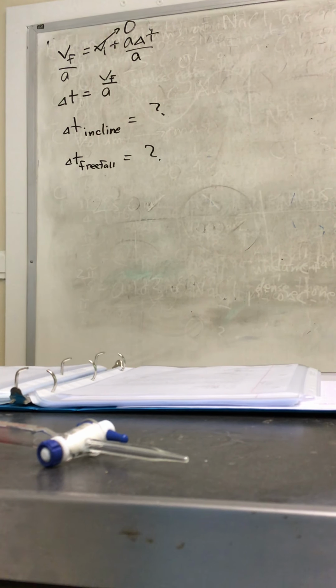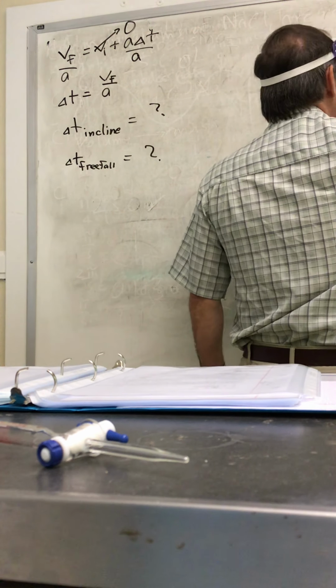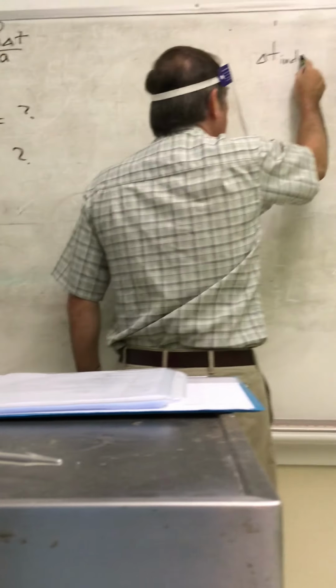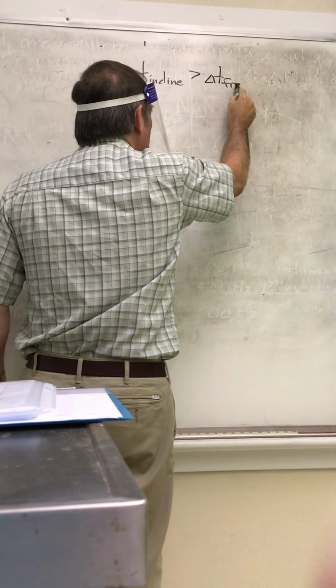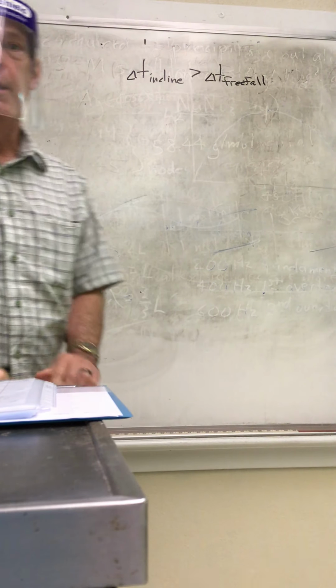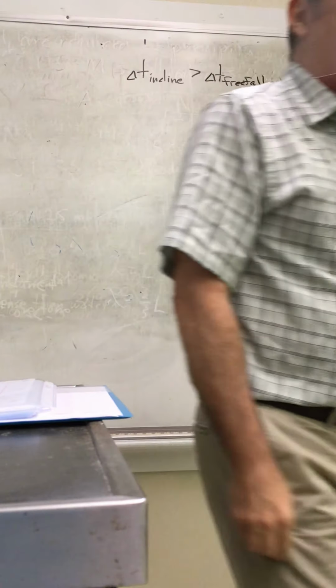Is this going to hit first or is this going to hit first? The free fall? You think the free fall. So we're anticipating, well, you are anyway, that delta t of incline is greater than delta t of free fall. Are you right? Work on that for a minute.